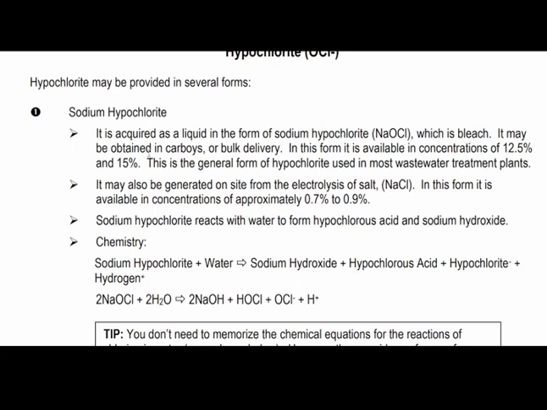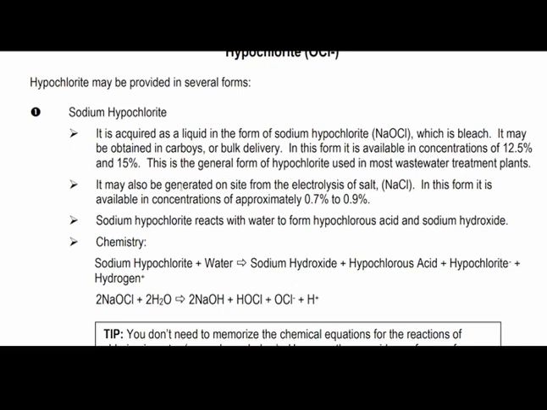It may be obtained in carboys or in bulk delivery in this form. In this form, it is available in concentrations of 12.5% and 15%. This is the general form of hypochlorite or bleach used in most wastewater treatment plants.